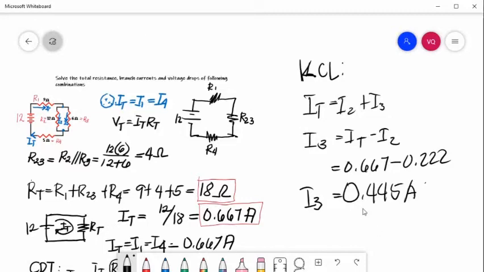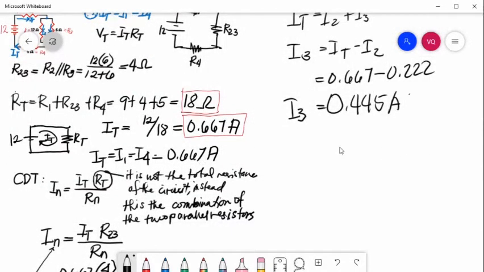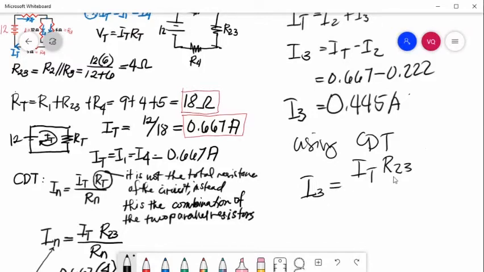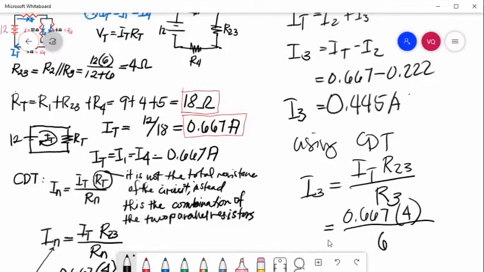So using CDT, we have I3 is equal to total current times R23 divided by R3. So 0.667 times 4 divided by 6. So that is 0.445 ampere. So they are equal.